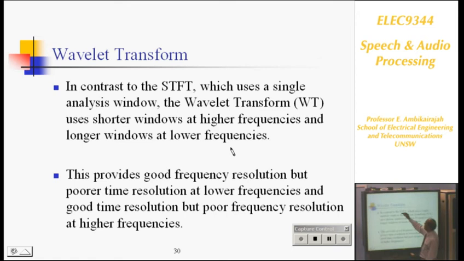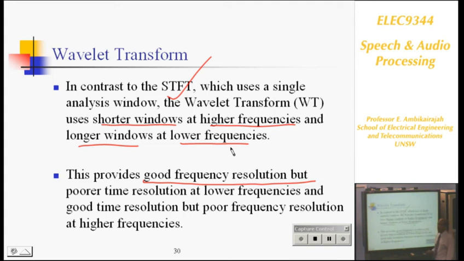In contrast to short time Fourier transform, it uses shorter windows at high frequencies and longer windows at low frequencies. That's all wavelet transform does. So this in turn provides a good frequency resolution and poor time resolution at low frequencies, but at high frequencies, good time resolution and poor frequency resolution.